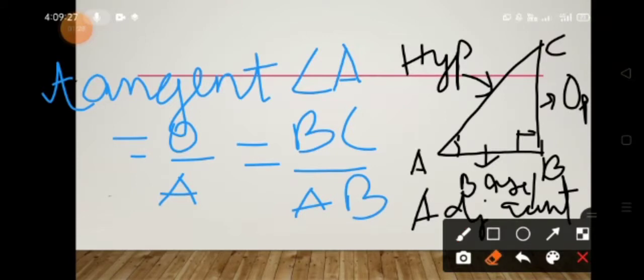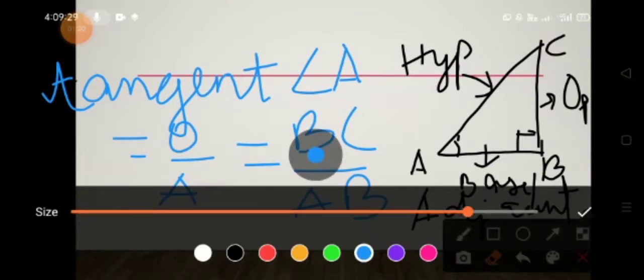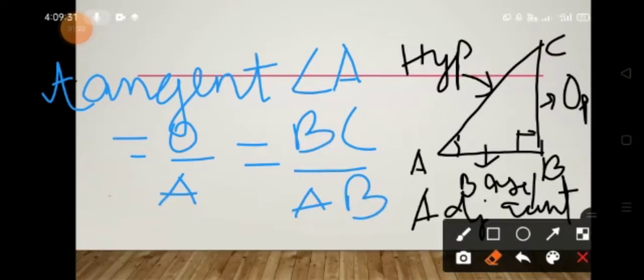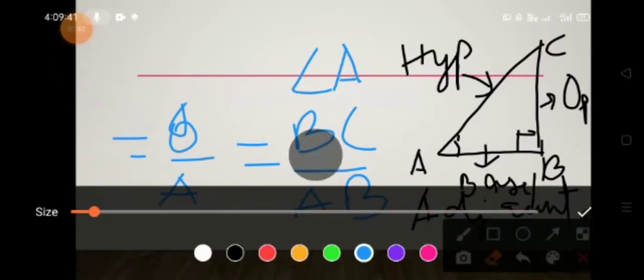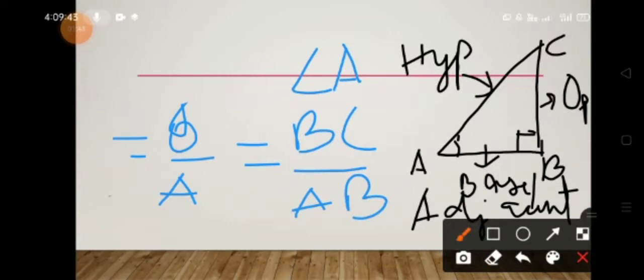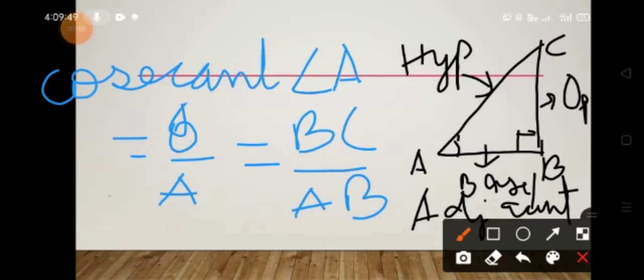Now next, after tangent we'll learn cosecant. After tangent, what we will learn is cosecant. I'm writing here cosecant. Cosecant of angle A will be hypotenuse by opposite. What would it be?